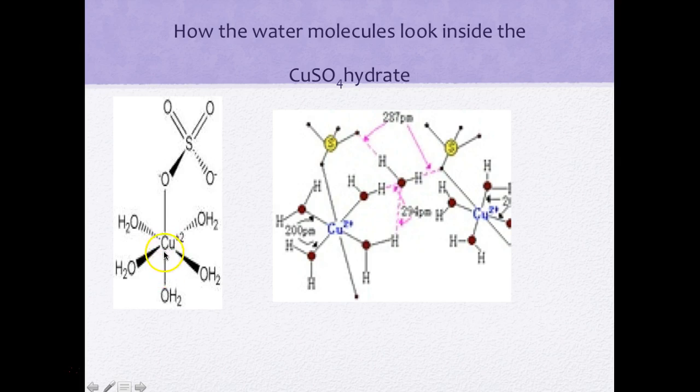These are like physical bonds due to the attraction between opposite charges. This is not as strong as an ionic bond, so it's easy to break it up with heat and get the water out of the compound.